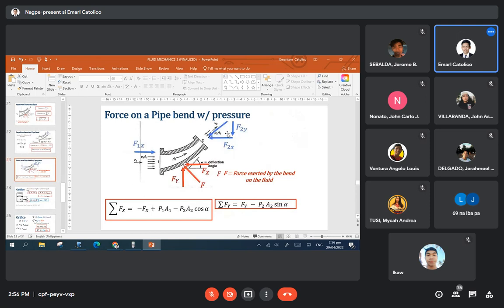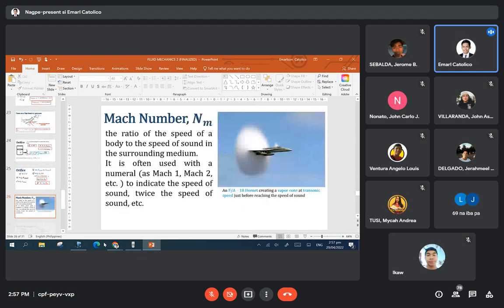Okay. So kapag i-consider mo yung pressure, summation ng Fx natin is negative Fx plus P1A1 minus P2A2 cosine alpha. Kapag summation of Fy na kino-consider yung pressure, formula natin is Fy minus P2A2 sine alpha. So ito, try natin i-apply sa next example natin.